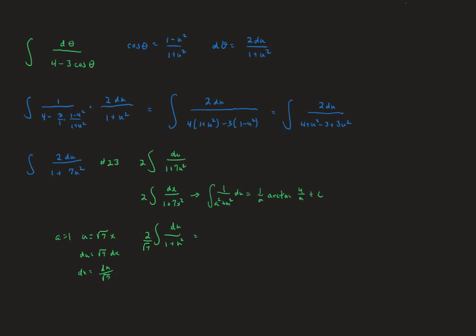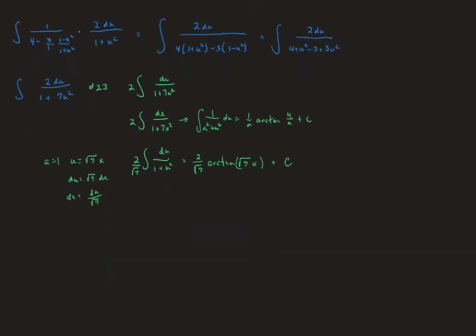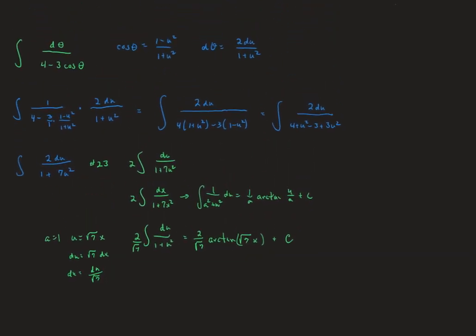So that's going to become 2 over square root of 7, and then we have a 1 over a, which is just 1, and an arctangent of our u over a, and our u we said was the square root of 7x, and then a, plus c. Okay, I think that's everything we've got here.